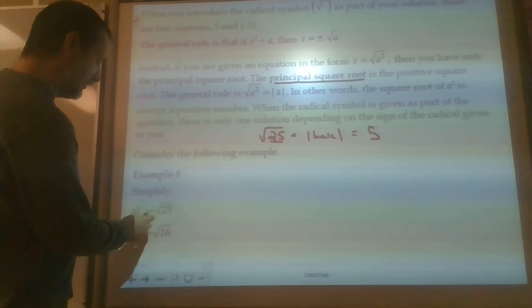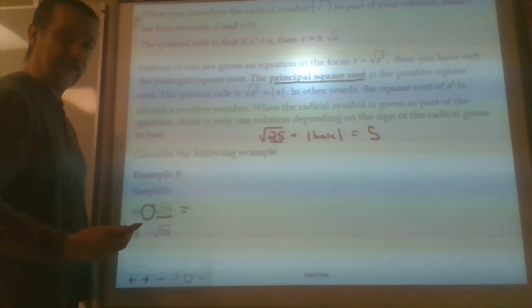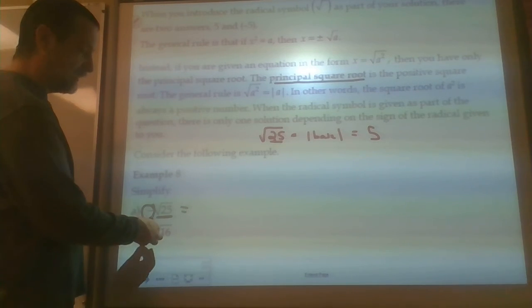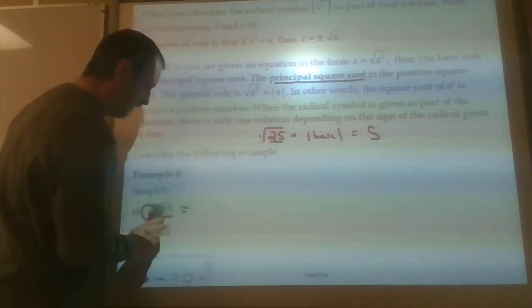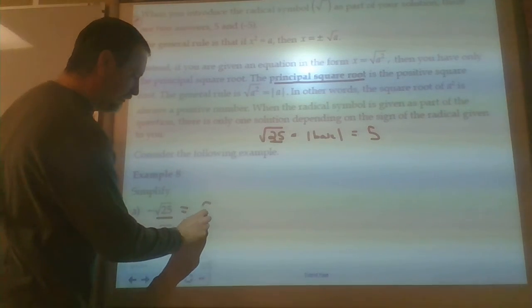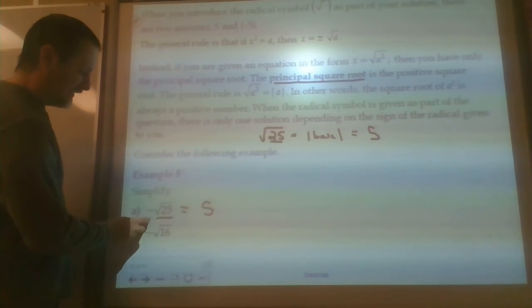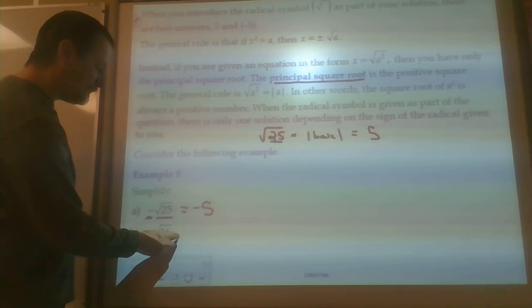So this is why we look here. This one specifically says I want the negative of whatever. So how do I get the negative 5? I want the negative value of whatever the square root of 25 is. The square root of 25 is, in fact, going to be a plus 5 value. How do I make a negative? By saying the negative of that. That becomes negative 5. Right?